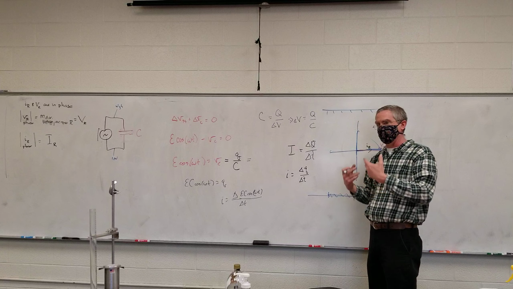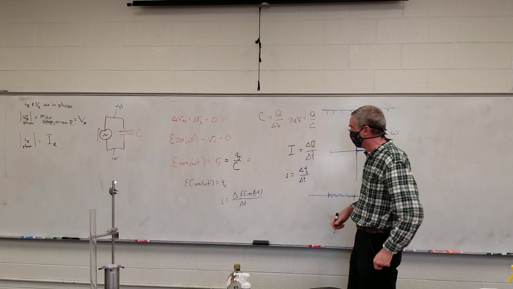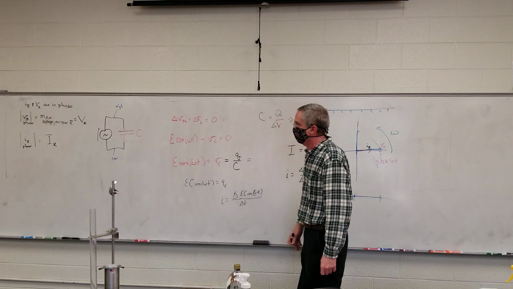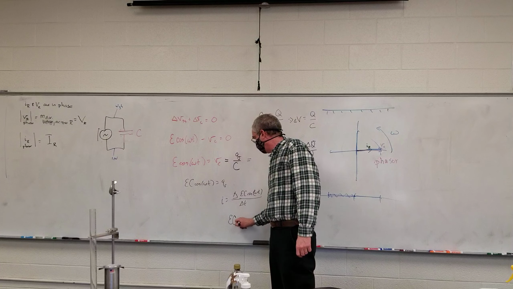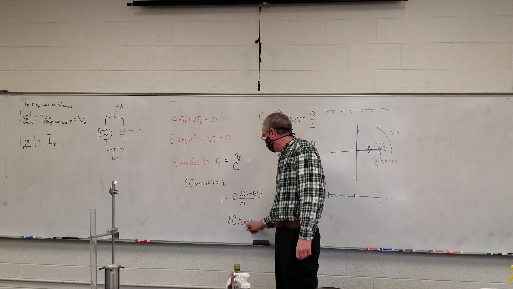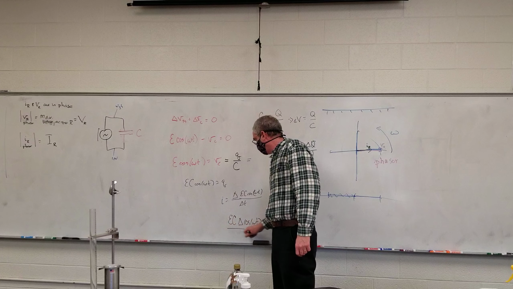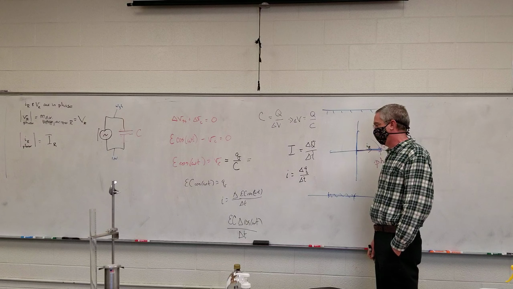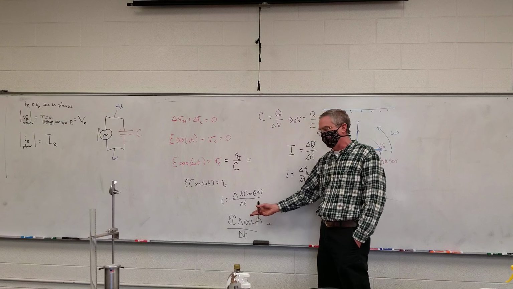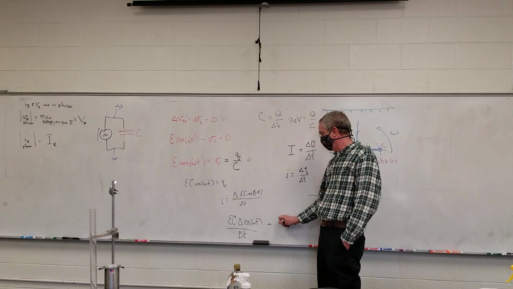Capital C is the capacitance of this capacitor. They're just constants, and I pull them out, I get epsilon C times the change in cosine omega t over change in t. Hey, we've done that before. What a coincidence.